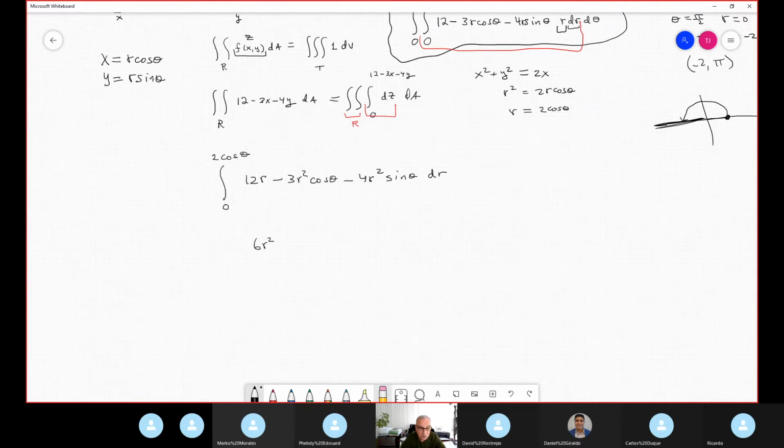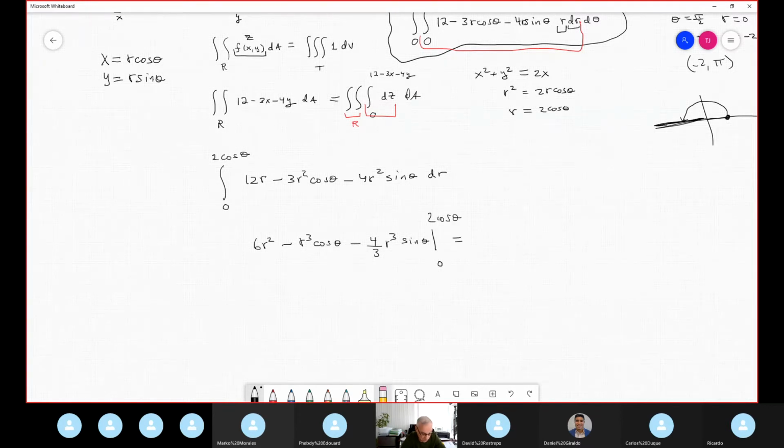Antiderivative of this, it's r cubed divided by 3, so minus r cubed, and cosine theta stays as the constant. Minus 4/3 r cubed sine theta. This is the antiderivative, and you evaluate between 0 and 2 cosine theta.